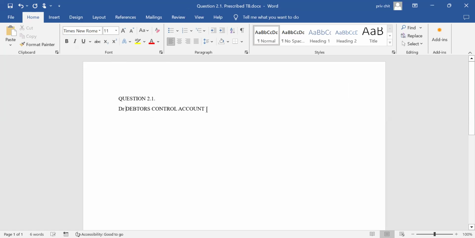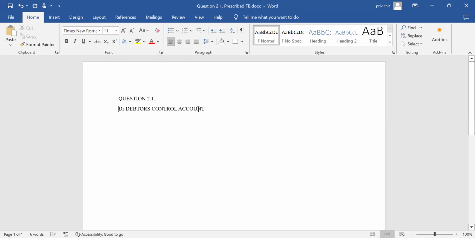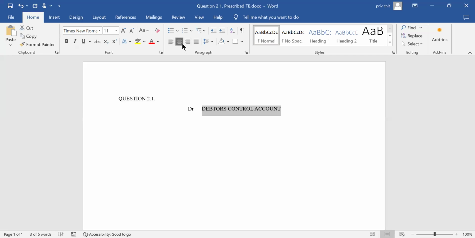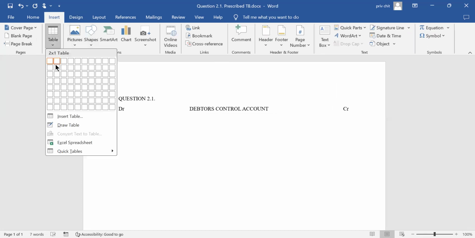And then, I don't know why it's not allowing me to, but it's fine. Let me just do that, and then something like this. And then we insert the table.